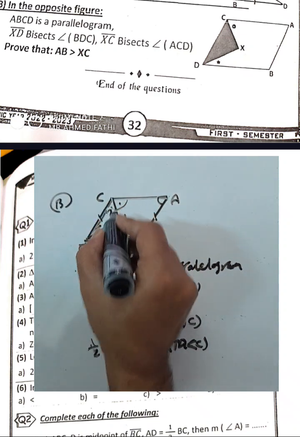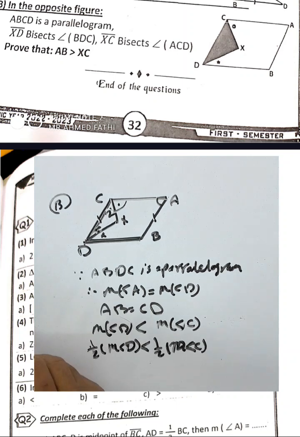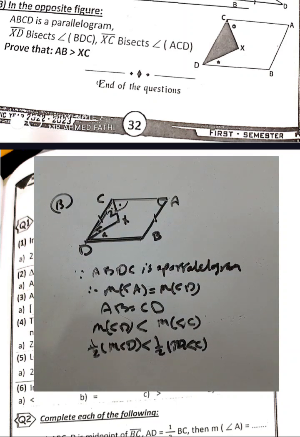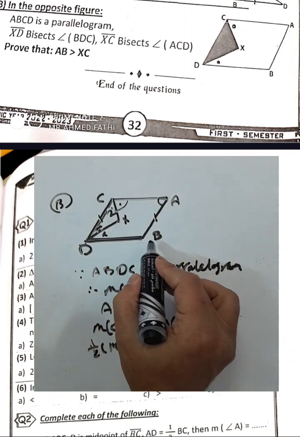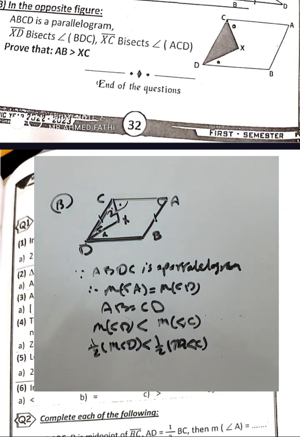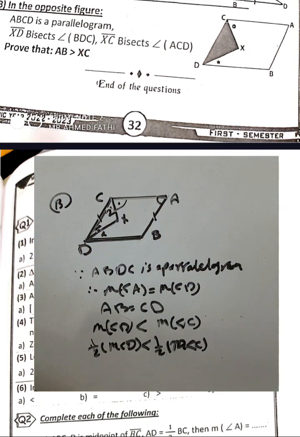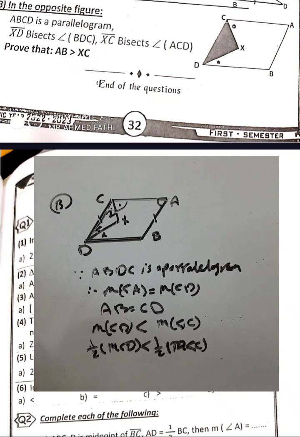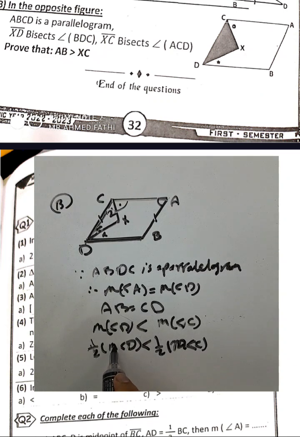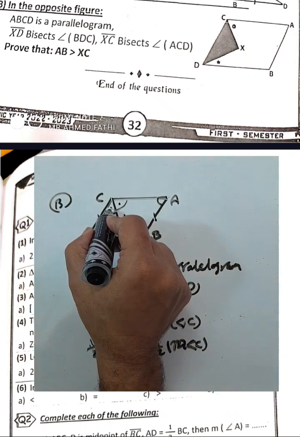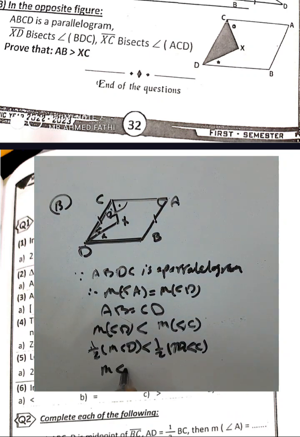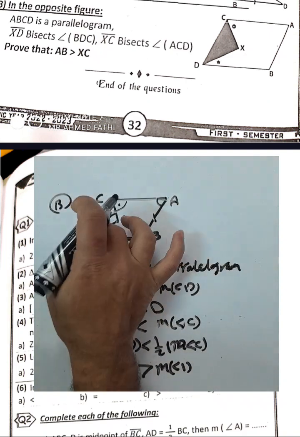Then we have half of this angle, measure of angle D less than half of angle C. Then angle 2 will be greater than angle 1. The measure of angle 2 will be greater than the measure of angle 1.